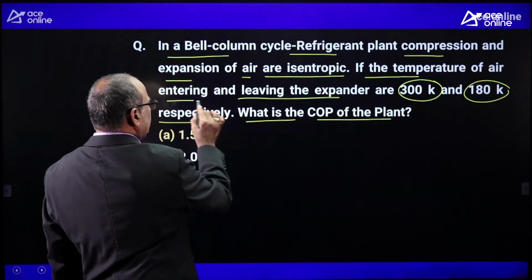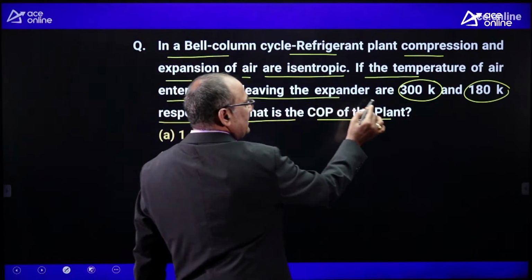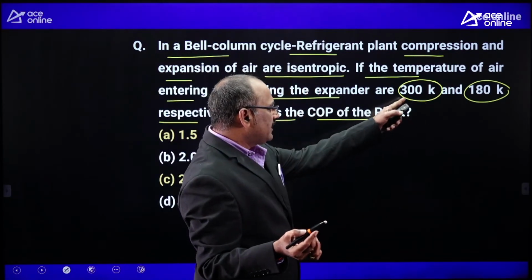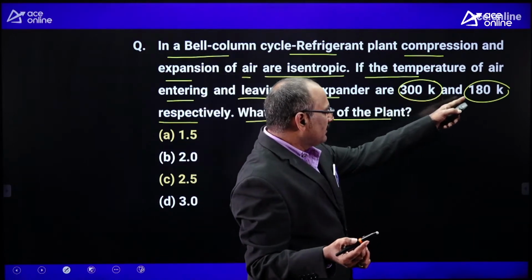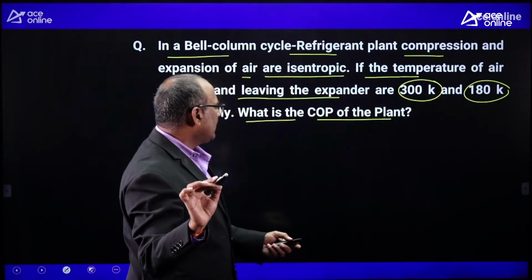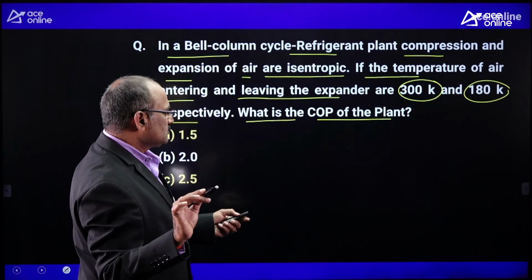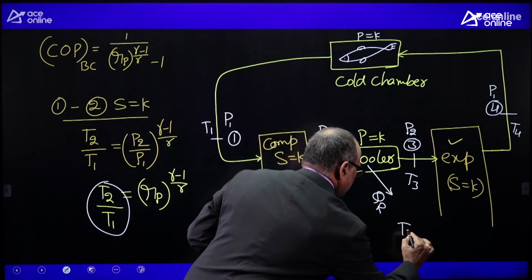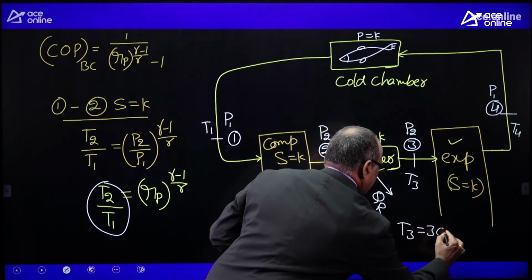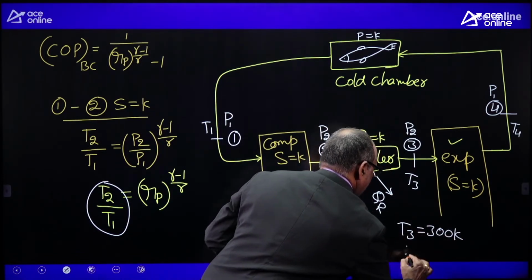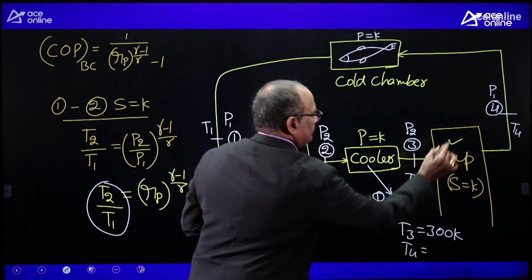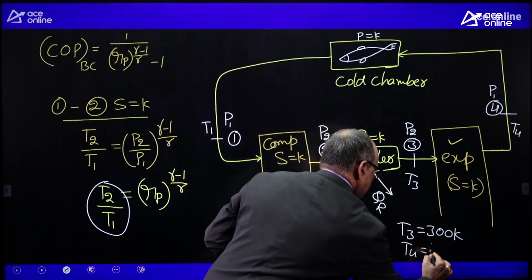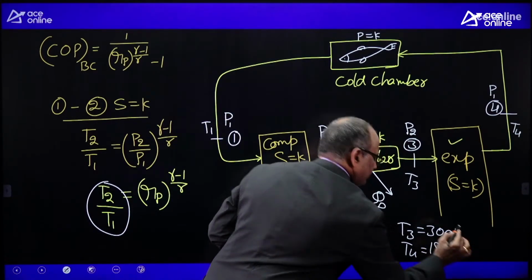If the temperature of the air entering the expander is 300 Kelvin and leaving is 180 Kelvin, so T3 is given as 300 Kelvin and the temperature after expansion is given as 180 Kelvin.